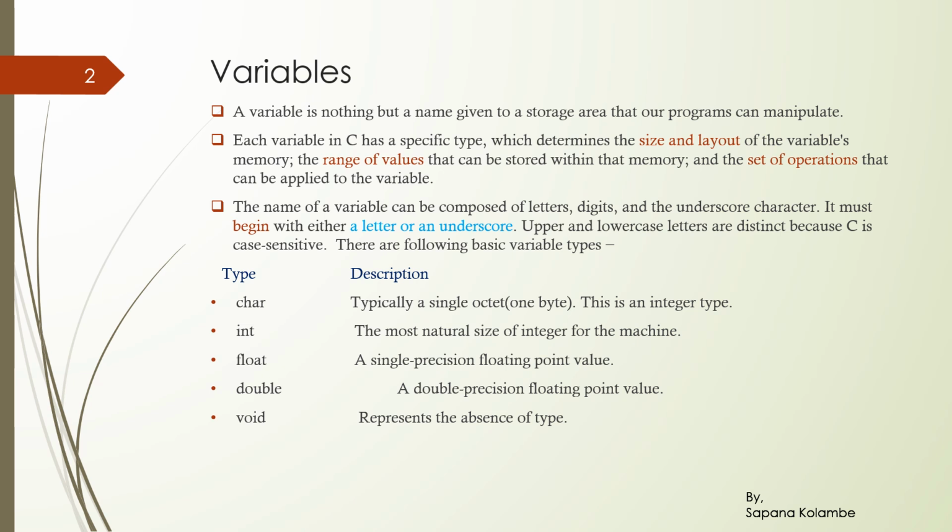In the floating point type you can store floating point numbers, and in the double type double precision floating point numbers. And void represents the absence of a data type, meaning when you don't have or don't need to give a specific data type or value for that particular variable, it is defined as void.